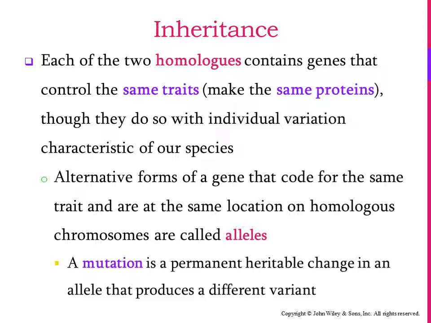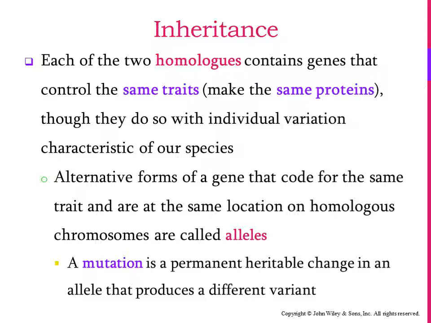So each of the 2 homologous chromosomes contain genes that control the same trait, or together their combined expression determine a given trait. Alternative forms of a gene that code for the same trait and are therefore located at the same location or loci on a homologous chromosome pair are called alleles.